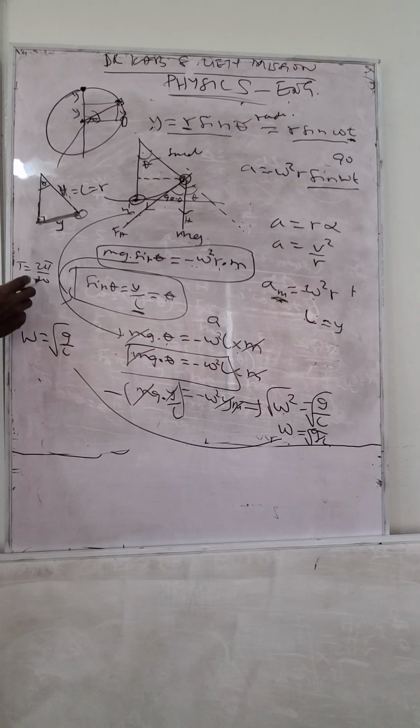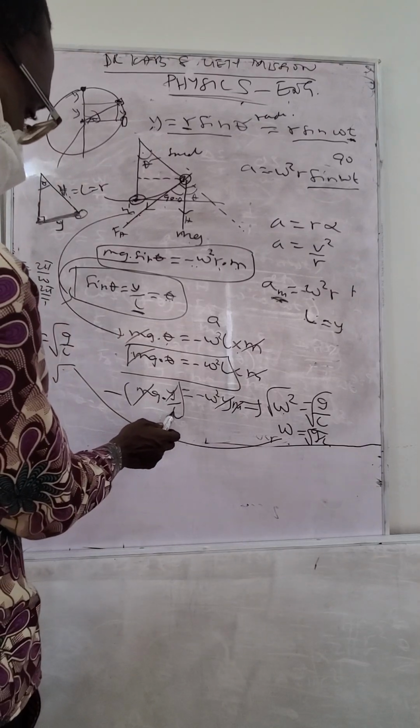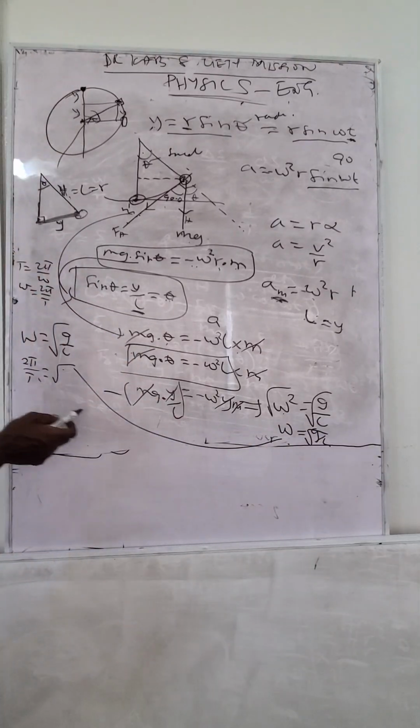Okay? So omega is equal to 2 pi over T. So in place of omega, we can put 2 pi over T is equal to square root of g over L.